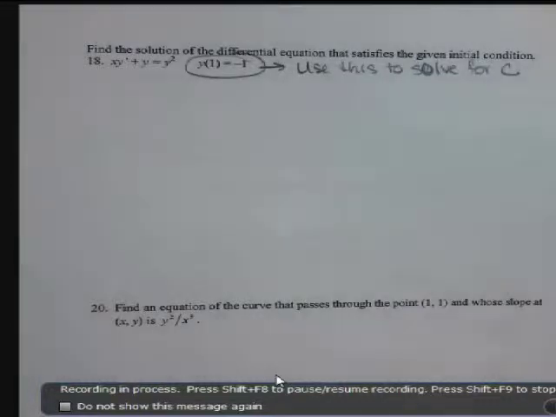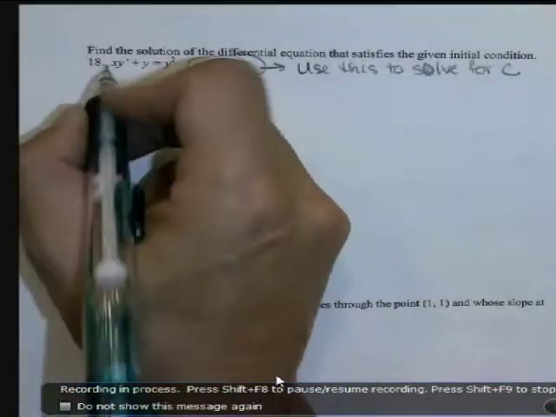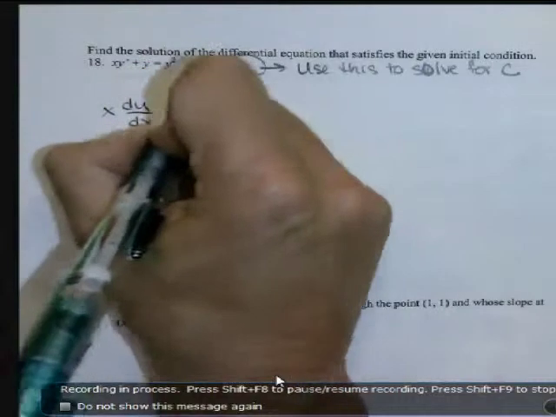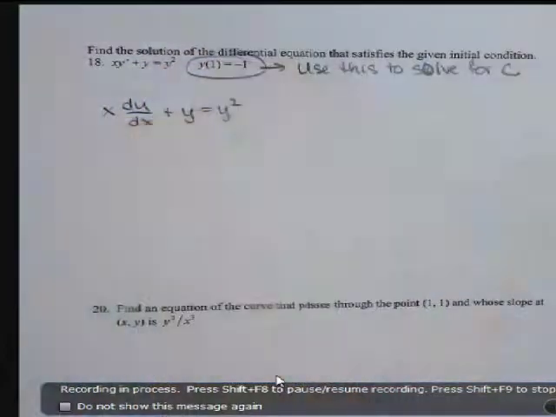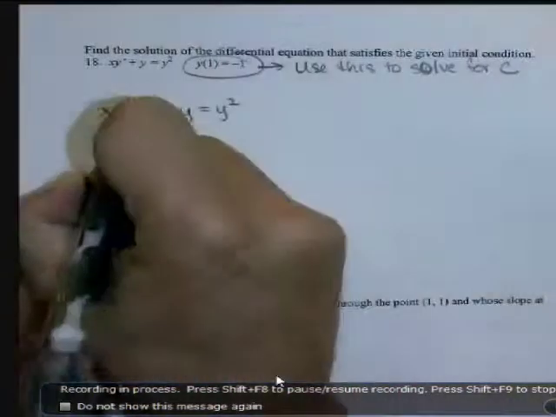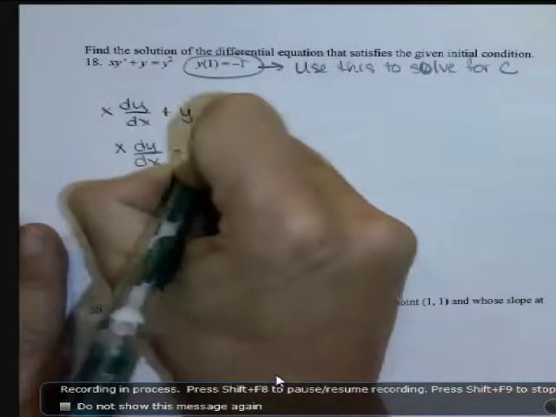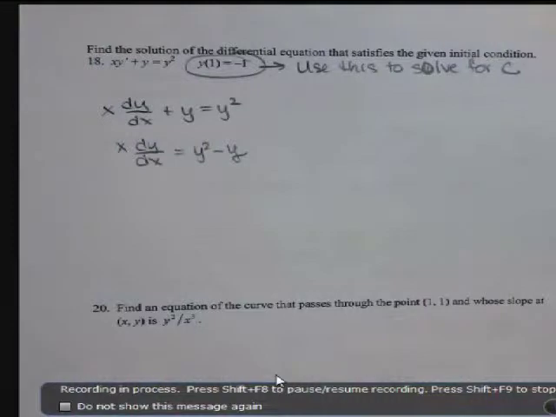So our first order of business is to try to get the x's on one side, y's on the other. So I'm going to write y prime as dy dx. And so what would be our first step? Subtract y. Okay, now say we multiply both sides by dx.